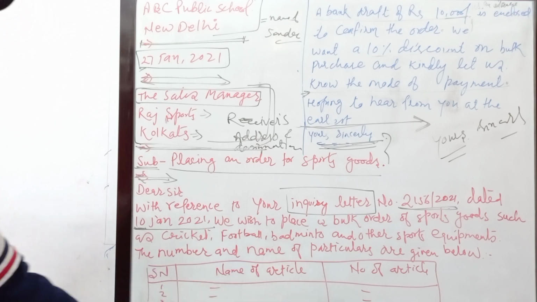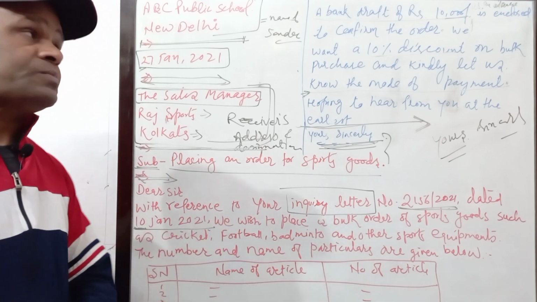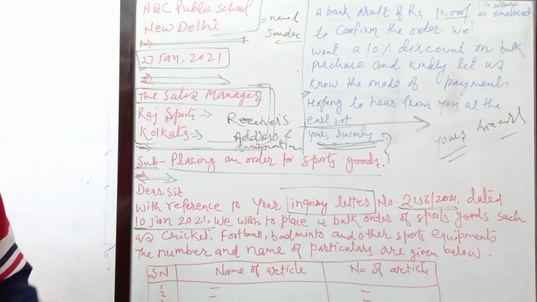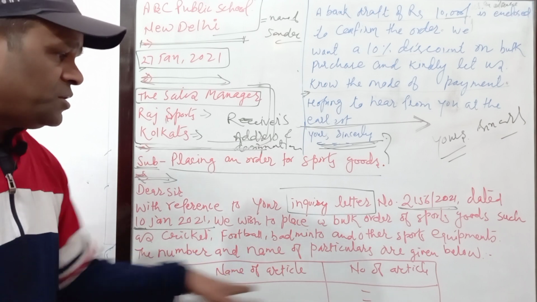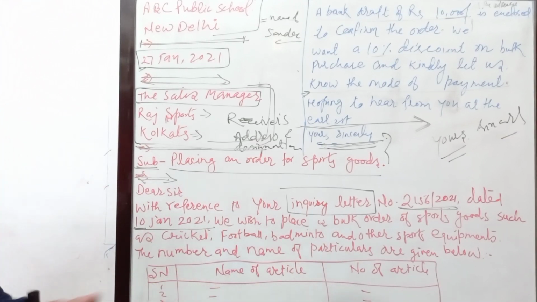In all placing order questions you will get the tabular form, the column is needed. In some questions, like when you are booking a hotel, you need not draw the column, but in other ordering questions you will get this type of thing.